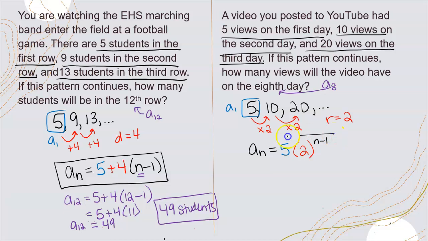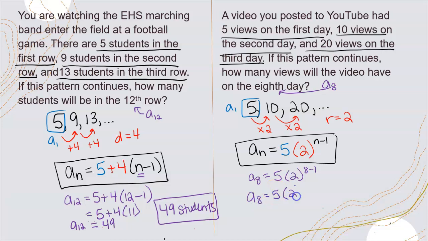So now the last thing that I have to do is plug in. If I want to find a sub 8, I can plug in 8 for n. And as I mentioned before, for these ones, I would simplify this to be the 7th power, just so that your calculator does the correct order of operations. And when I do that, I get that there are going to be 640 views on the 8th day.